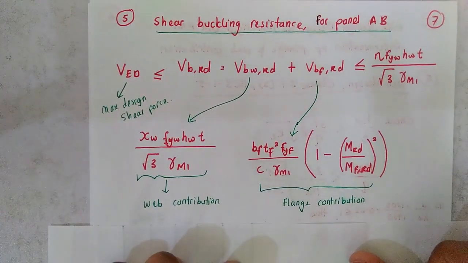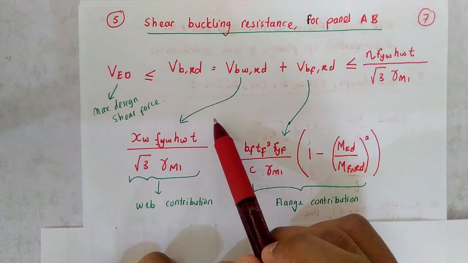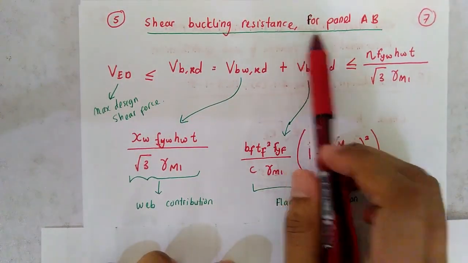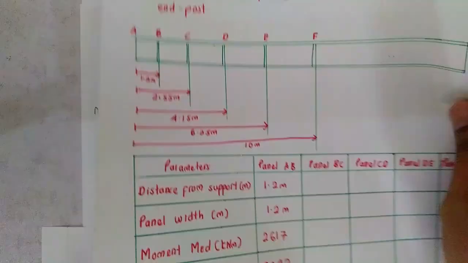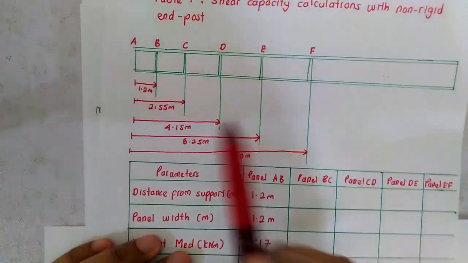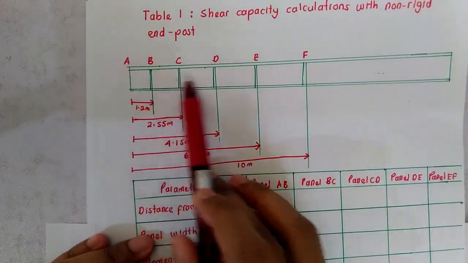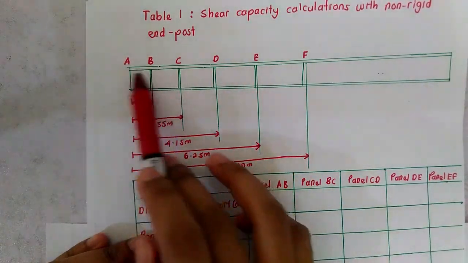Now let's look at the requirement for the shear buckling resistance. Bear in mind that the example I want to show here is for panel AB. As I told you earlier, we need to carry out the shear buckling resistance check for every panel, so now we are doing it for panel AB.